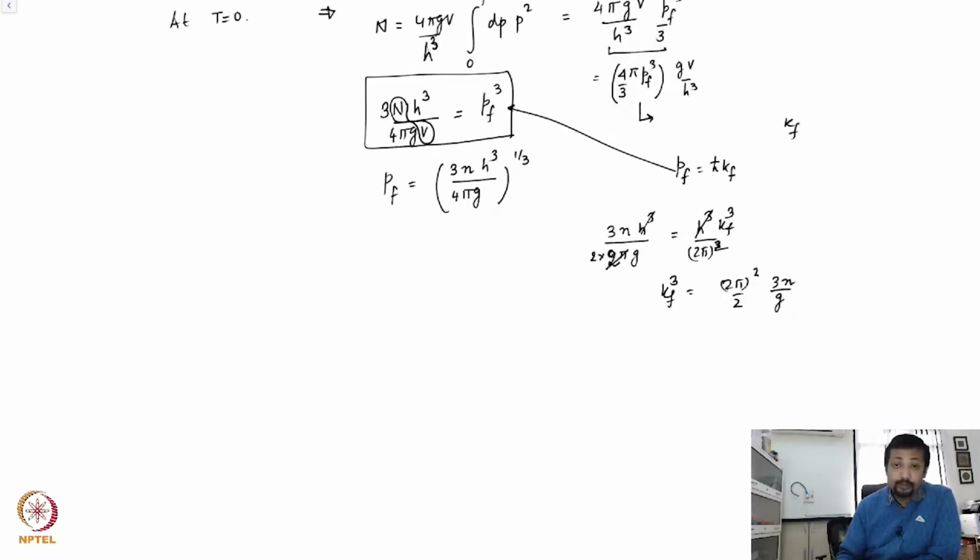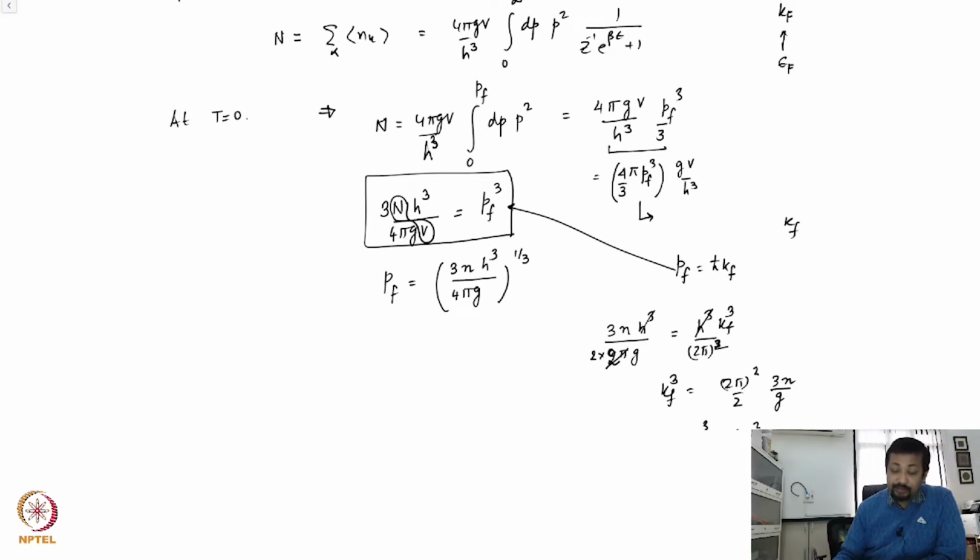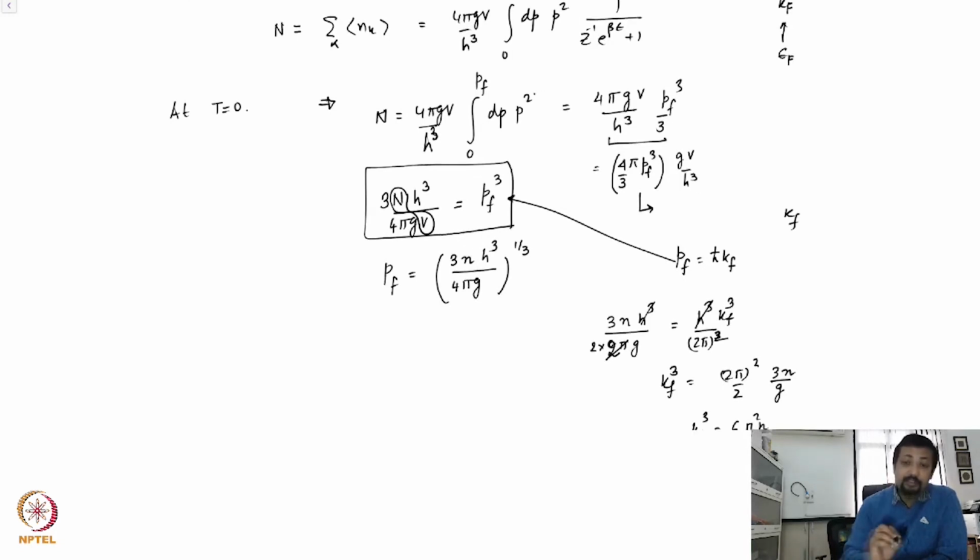This is 4 pi square, so this gives you 6 pi square n over g as kf cube. It's the same result that we have obtained before. The reason they are the same is because the energy epsilon p does not enter this expression anywhere.